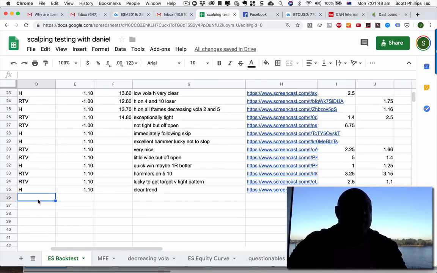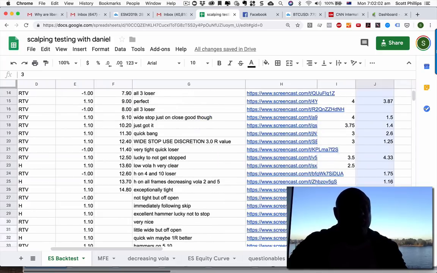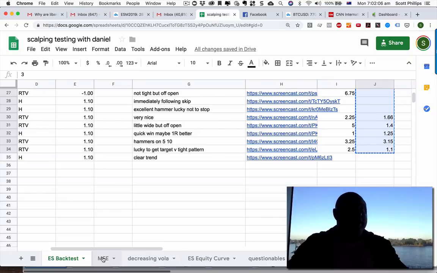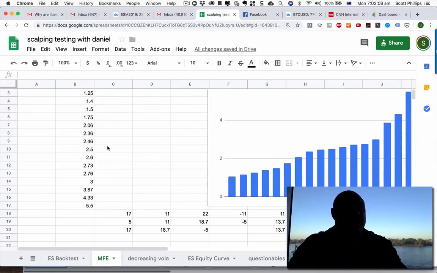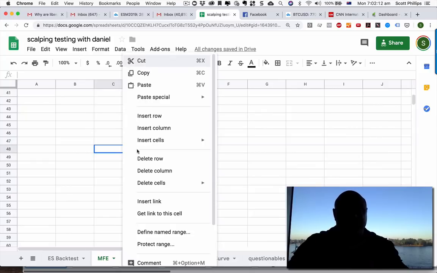The arsehole part of me would have liked to have included that in the backtest as a winner, but I can't. You have to make a very clear policy when you're doing manual backtests, especially when your setups have some degree of subjectivity in them, of really erring on the side of caution. Because the last thing you want is a backtest that's not replicatable in the real world, because then it's functionally useless and you've wasted your time.